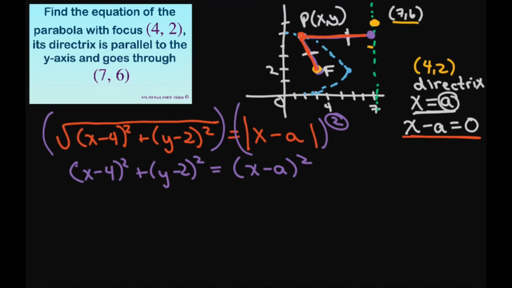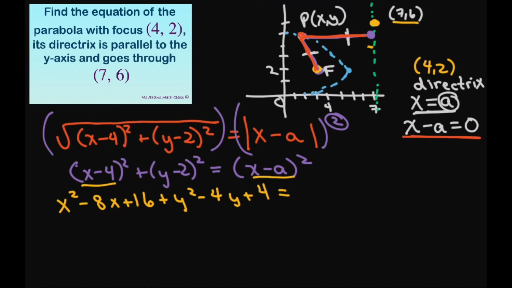Now, simplifying this, let's expand the trinomial. x squared minus 8x plus 16 plus y squared minus 4y plus 4. And on the right-hand side, we'll have x squared minus 2ax plus a squared.